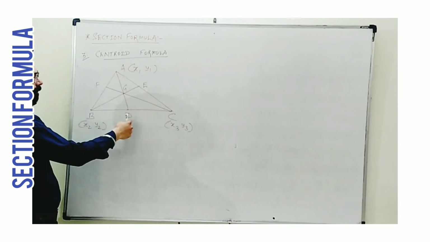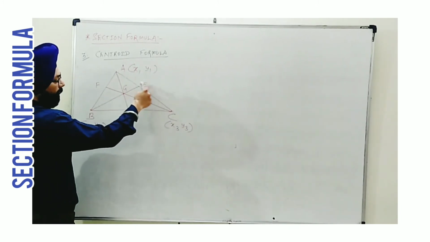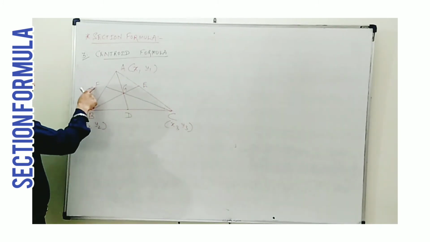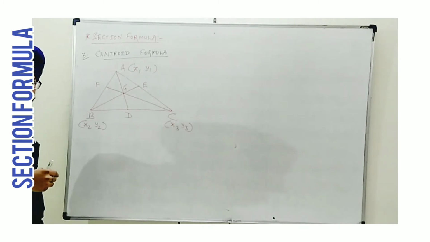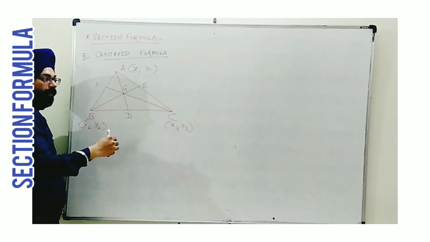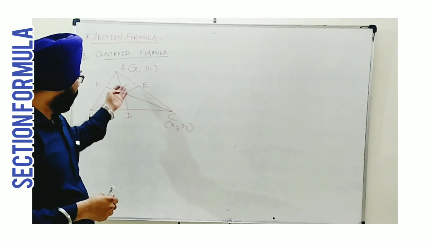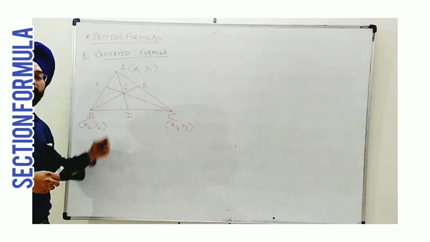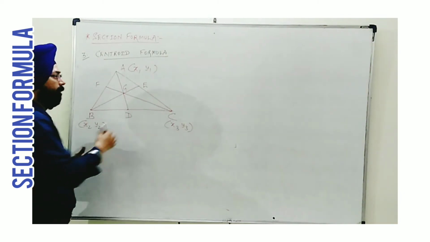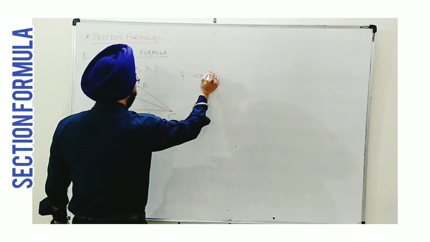So AD median means D is the midpoint of BC. BE is a median, here E is the midpoint of AC. And CF is a median, F is the midpoint of AB. Okay, and this G shows that all the three lines are passing through the same point. They are intersecting, they are actually concurrent at G. So this point of concurrence G is known as the centroid. This G we say to be the centroid.